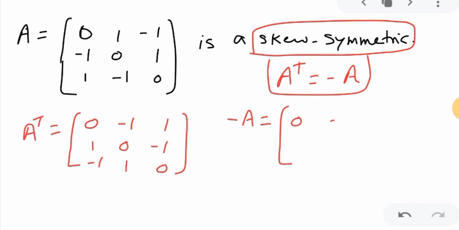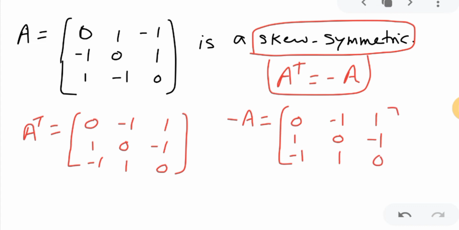So I am changing directly. Correct? And second row will be minus 1 0 1. So if I multiply minus, then 1 0 minus 1. In the third row again I will multiply minus, then minus 1 1 0.